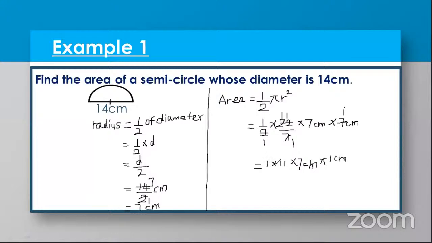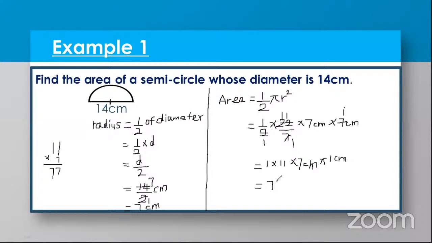Now, if I multiply 1 times 11, it is 11. 11 times 7. Maybe that one I can come and write it in the side work as 11 times 7. So 7 times 1 is 7. 7 times 1 is also 7. So here 11 times 7 is 77. And 77 times 1, still it is 77.